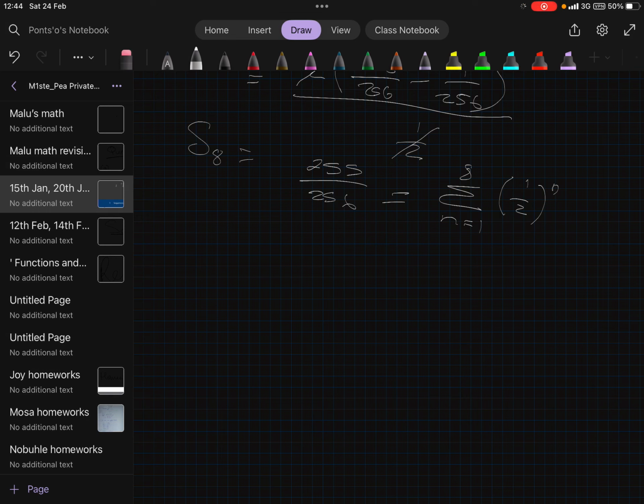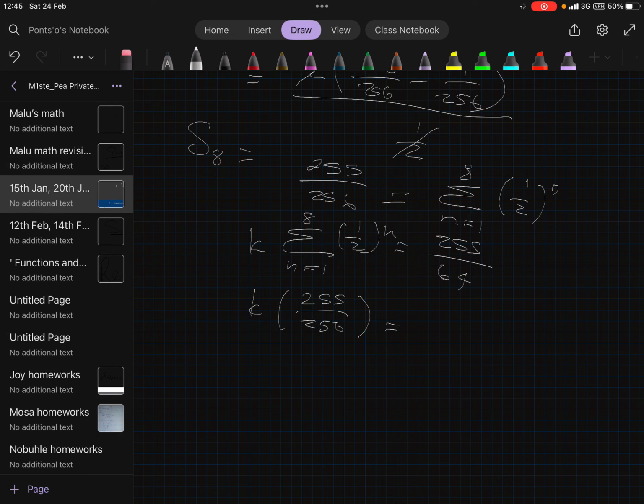All right, then we go back to our original expression. We have the constant k multiplying the sum to 8 terms of a half to the power n, and that equals 255 over 64. Substituting the sum to 8 terms of that, which is 255 over 256, that's what is explained on page 35 at the top there.